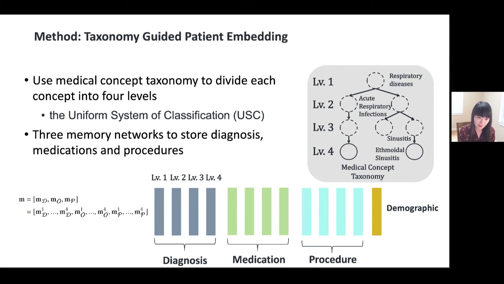To this end, our patient embedding memory network consists of 3 separate memory networks to store diagnosis, medication, and procedures respectively. Also, another slot to store demographics information for patients. Then each memory network has 4 memory slots to store information from the fine-grained to coarse level.